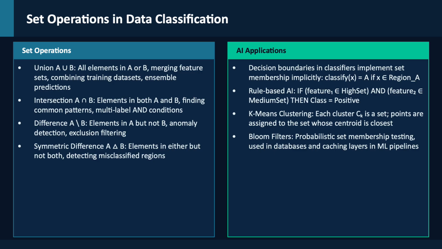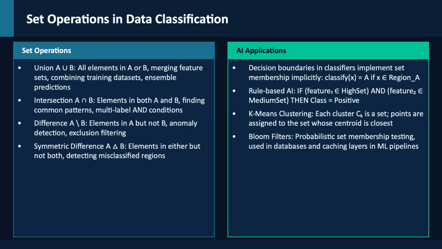Set operations in data classification. The set operations are union, A ∪ B: all elements in A or B, used in merging feature sets, combining training datasets, and ensemble predictions. Intersection, A ∩ B: elements in both A and B, used in finding common patterns and multiple label conditions.